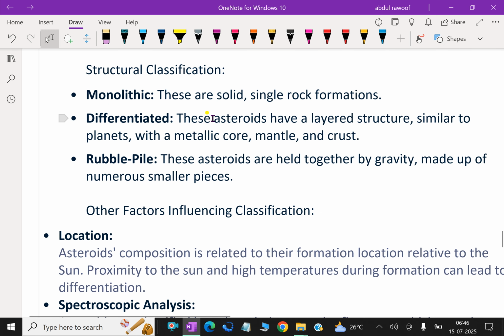Monolithic. These are solid, single rock formations. Differentiated. These asteroids have a layered structure similar to planets, with a metallic core, mantle, and crust. Rubble-pile. These asteroids are held together by gravity, made up of numerous smaller pieces.